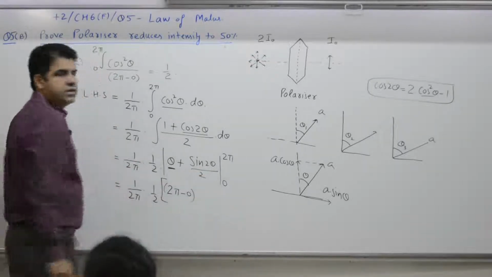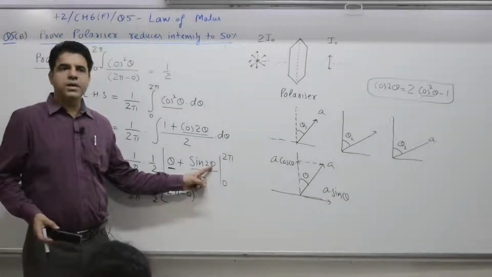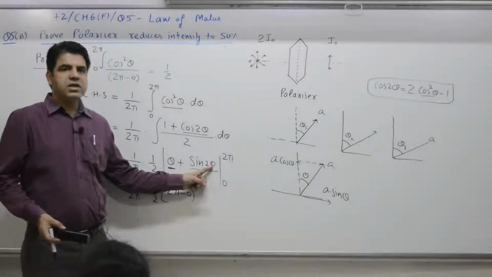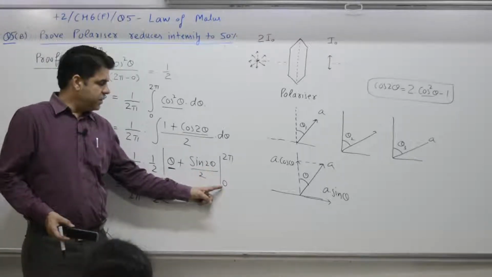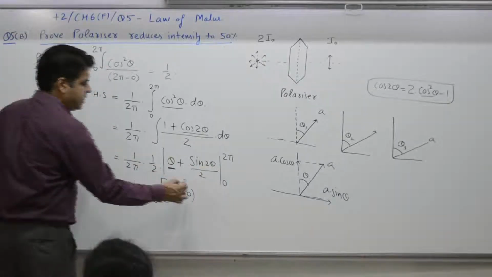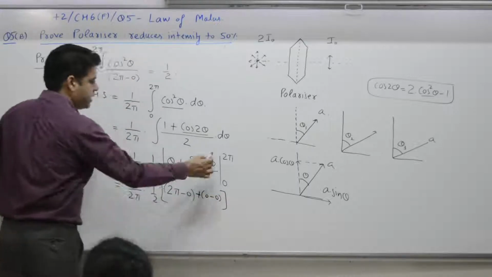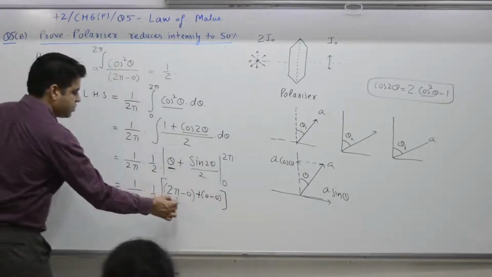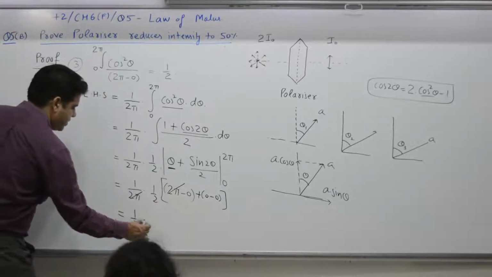Sin 2 into theta: theta is 2 pi, 2 into 2 pi is 4 pi. Sin 4 pi is 0. Lower limit 0, sin 0 is also 0. That is why the second part comes out to be 0. So what you get is 2 pi minus 0. 2 pi cancel. 1 by 2.